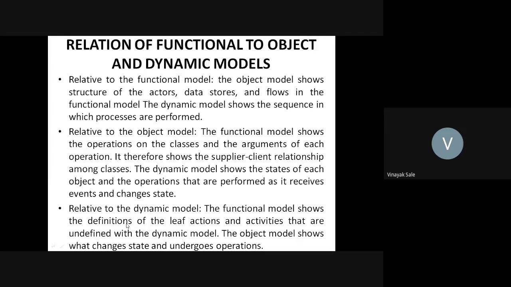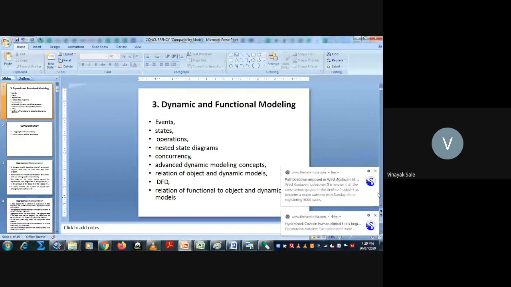And last, relative to the dynamic model, the functional model shows the definition of leaf actions and activities that are undefined within the dynamic model. The object model shows what changes state and undergoes the operation. So we have completed chapter three.